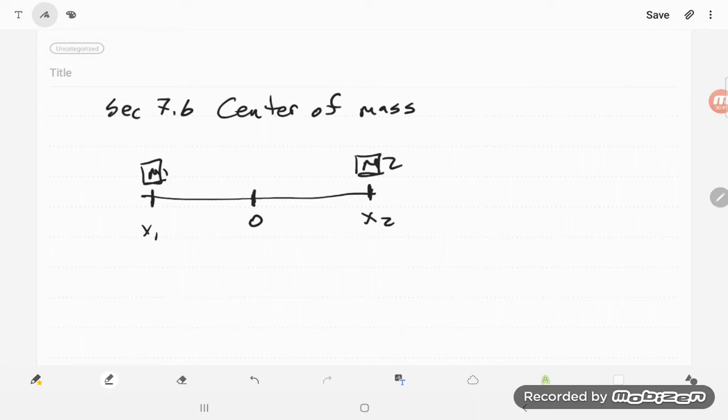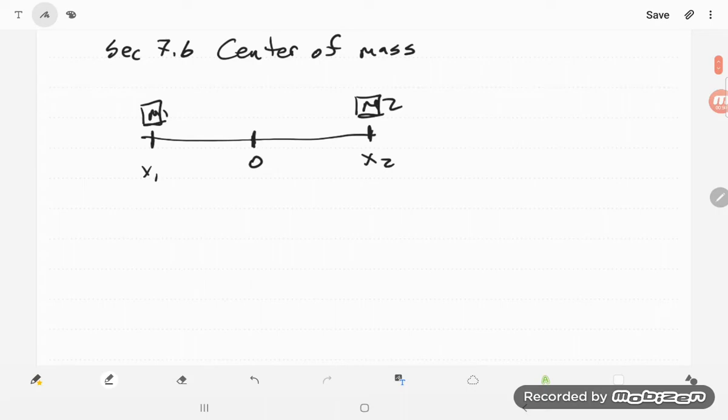And if 0 there, if the origin's really a balance point, well, then we know this distance times m1 has to be the same as that distance times m2. Okay, so what's this distance over here?